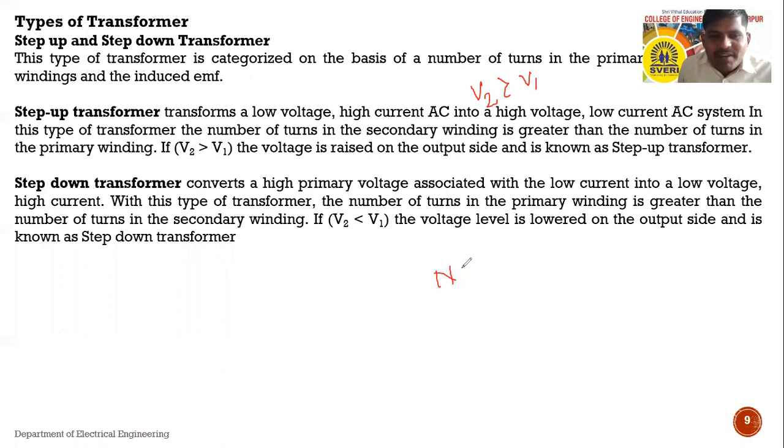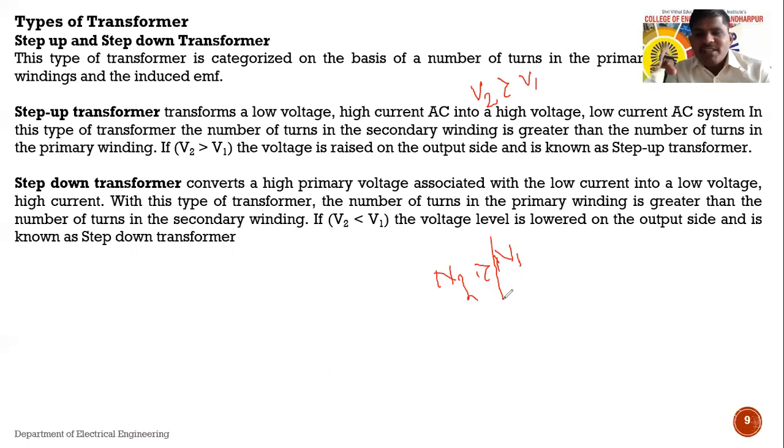V2 is greater than V1, that means N2 is greater than N1. If the secondary side voltage increases compared to the primary, we call it a step up, that means we are increasing the voltage.